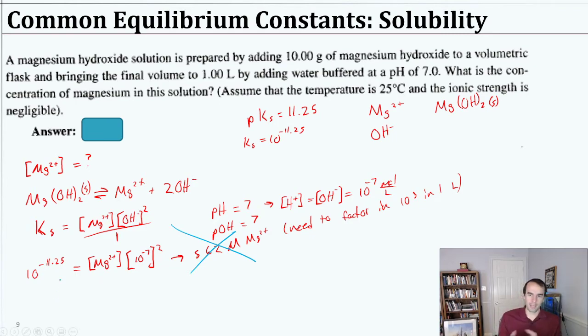That would be if we had an infinite source, if it truly was completely solid. So maybe that's something okay to check, to make sure that we're not providing an answer that is over the solubility limit. This would be the solubility limit.